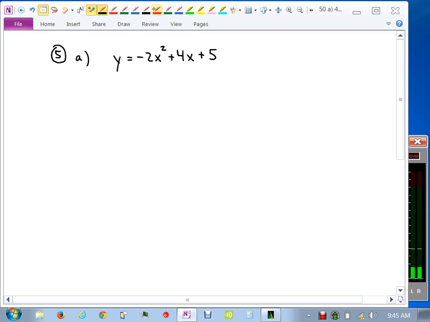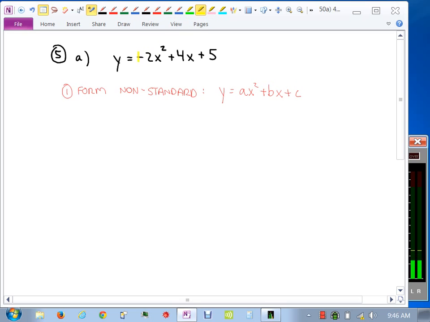So same thing, this is a parabola. The form of this is non-standard. And so for non-standard form, looks like this: y equals ax squared plus bx plus c.